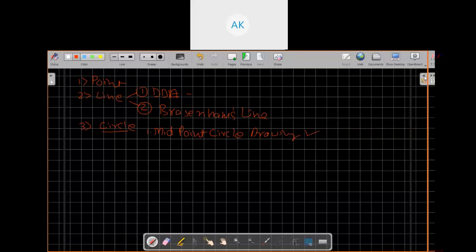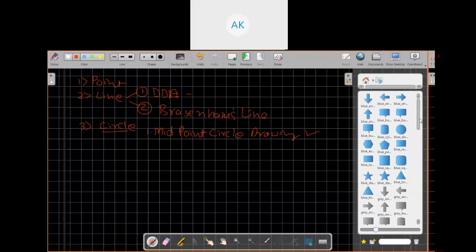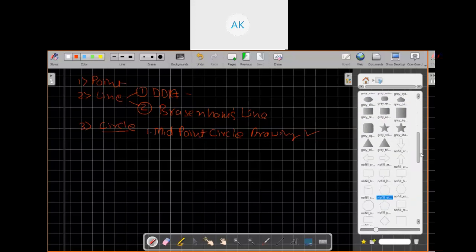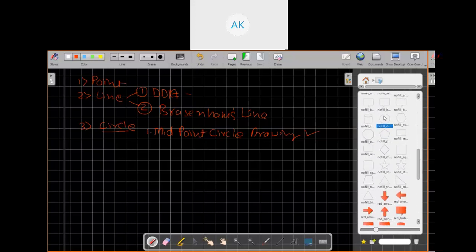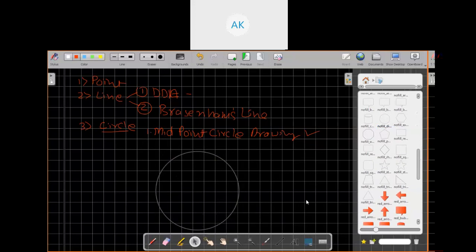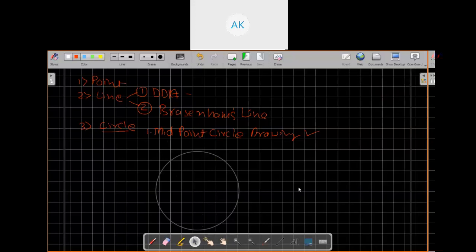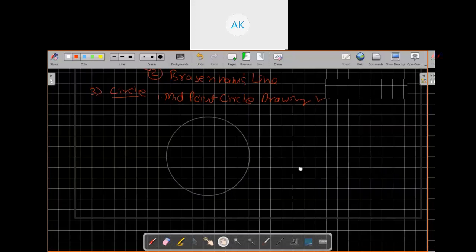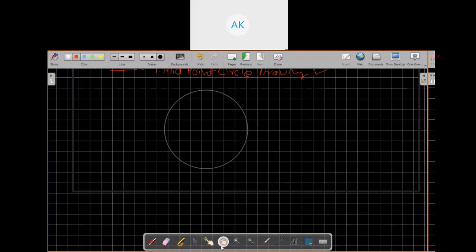As you know, I can plot the circle. Take this circle. As you can see, a circle on your screen.